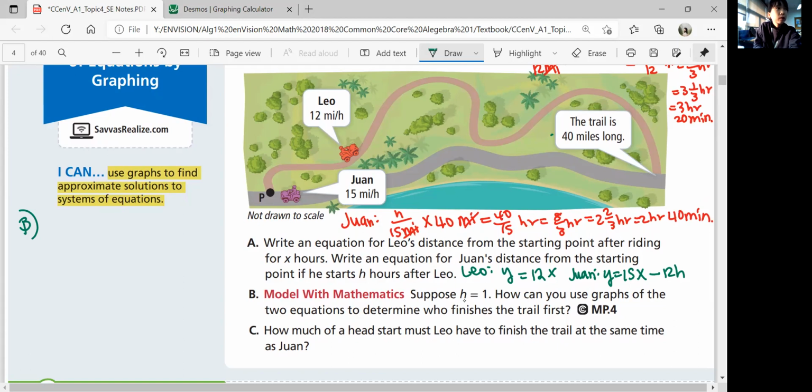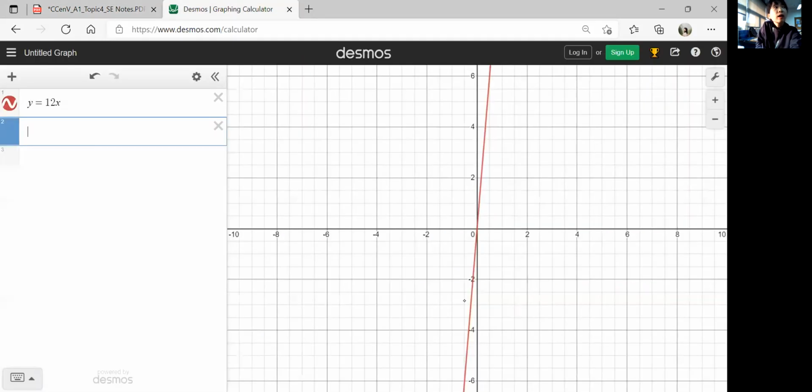So that means we have y is equal to 12x, and y is equal to 15x minus 12 times 1, which is just 12. So we have y is equal to 15x minus 12.